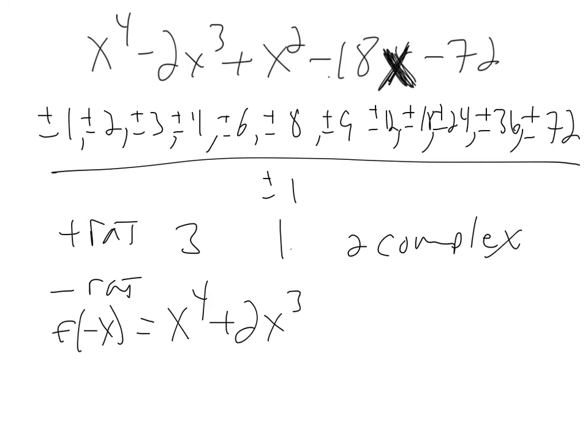X squared, if I square negative x, that doesn't change anything, so positive. But that negative 18 turns to positive 18, and the negative 72 doesn't change. So then I'm seeing 0 sign changes, 0, 0. There's a sign change. So that tells me there's definitely 1 negative rational root. Of course, we know that.